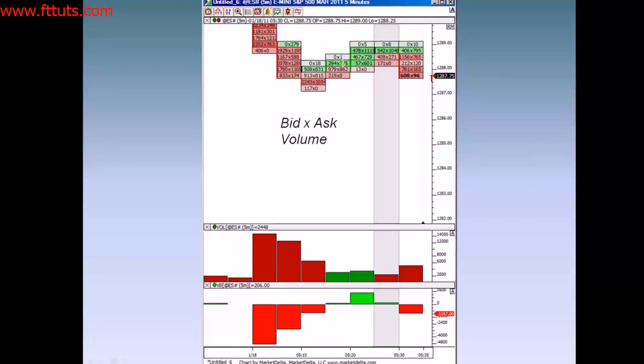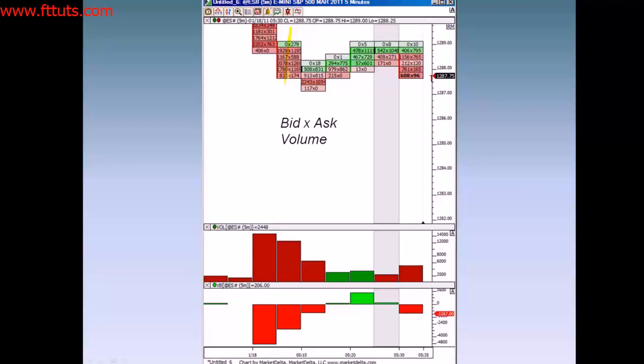If the volume was positive, it would give us a green. If the volume was negative, it would be red. The purpose here is it'll highlight for us which volume was predominant in the bar. So in looking at this particular bar, selling was certainly dominant.